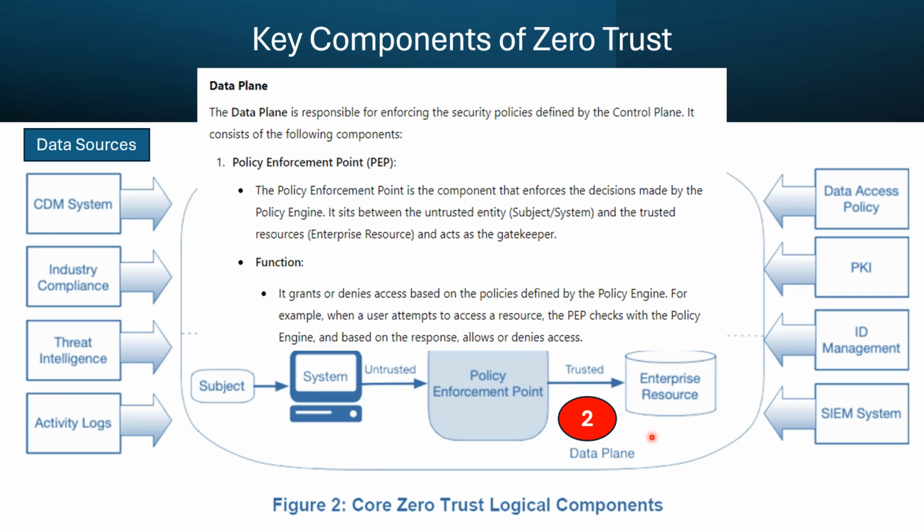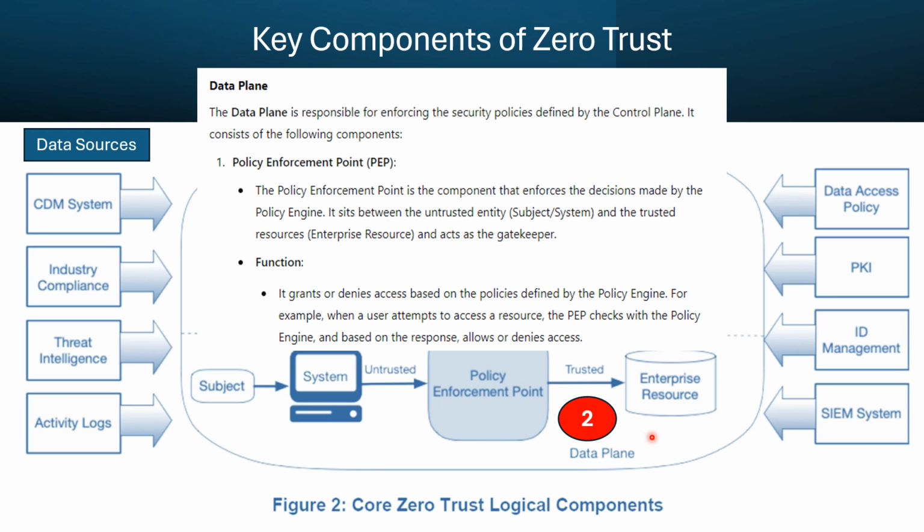The policy enforcement point is the component that enforces the decision made by the policy engine. It sits between the untrusted entity, which could be a subject or systems, and the trusted resources, for example, the enterprise resource that you need to access, and acts as a gatekeeper. The main function is to grant or deny access based on the policies defined by the policy engine.